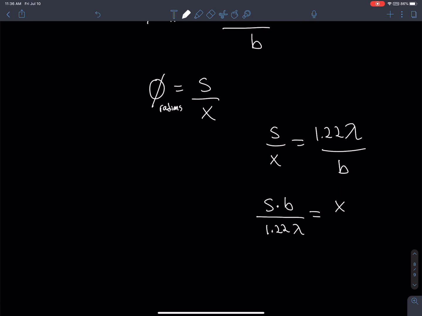And in order to calculate that, I will do that right now. All right, so S is 2 meters. B is 0.01 meters.